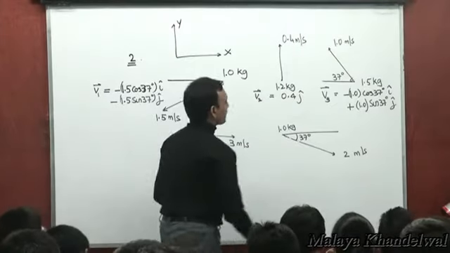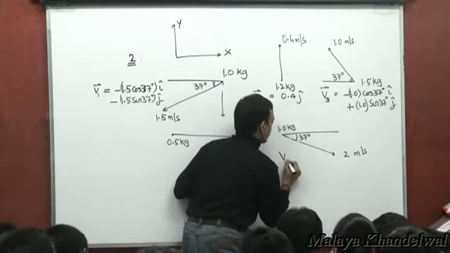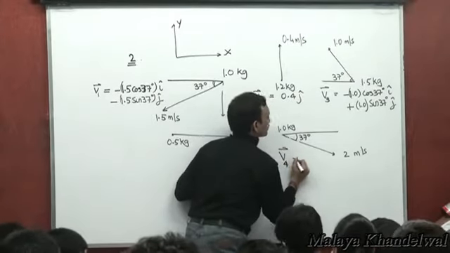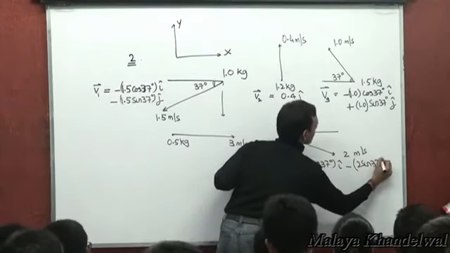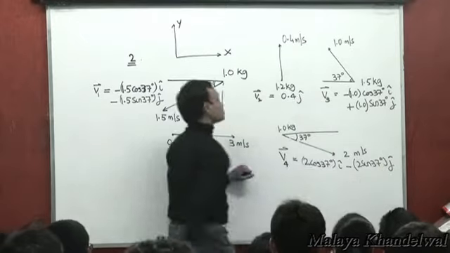Right? The velocity vector for this mass v4, 2 cos 37 degrees i cap minus 2 sin 37 degrees j cap. These are the velocity vectors.